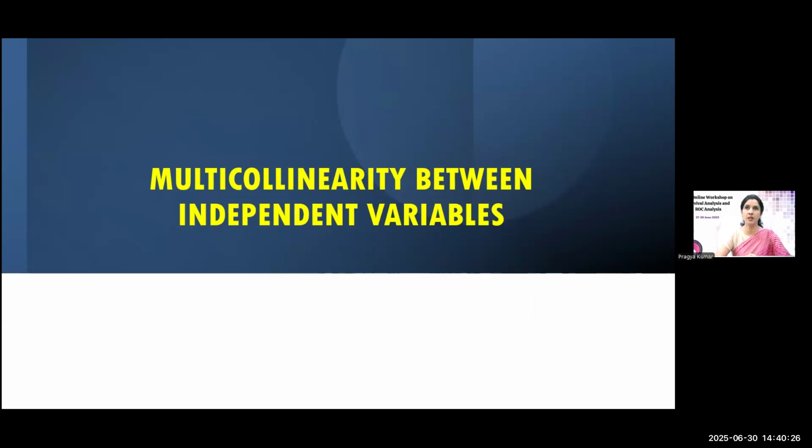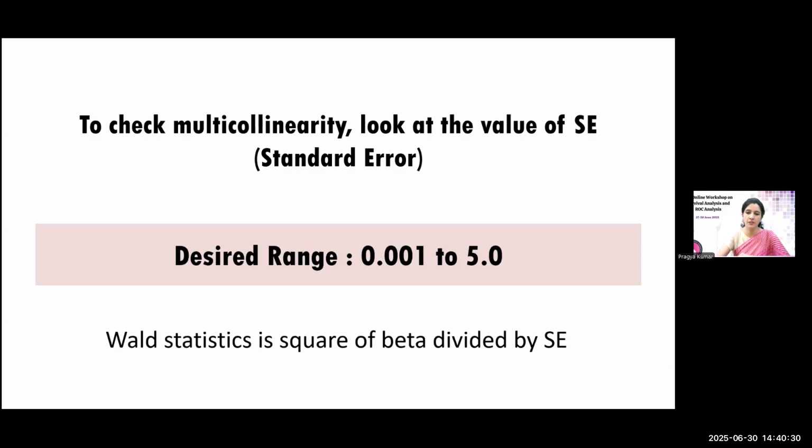Now coming to the multicollinearity between the independent variables, you can check the value of standard error. If the value of standard error is ranging from 0.001 to 5, then you can say that this multicollinearity assumption is met. But there's another way, the variance inflation factor, which we have learned in logistic regression.